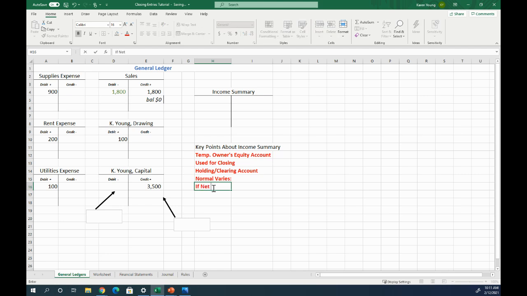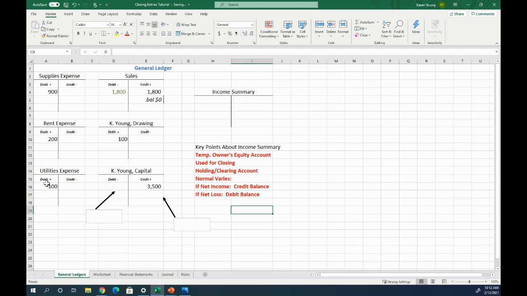If we had a net income, Income Summary would hold a normal credit balance. If we have a net loss, Income Summary would have a normal debit balance. And these concepts should kind of make sense. Net income is positive, credit balance like a revenue, like capital.